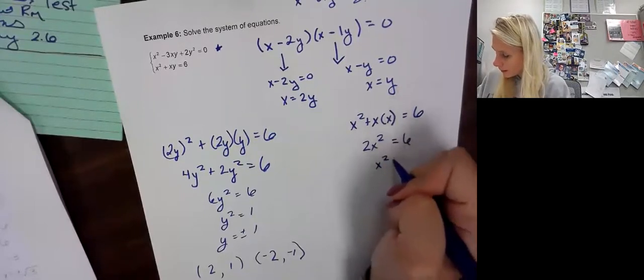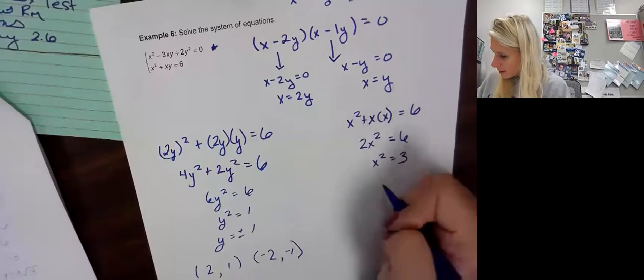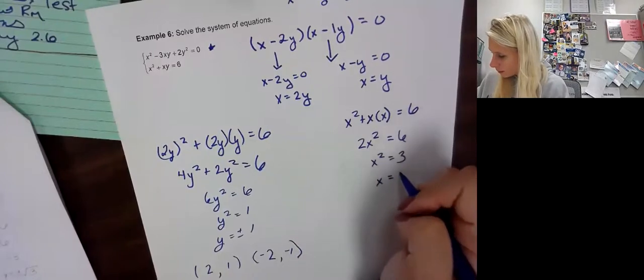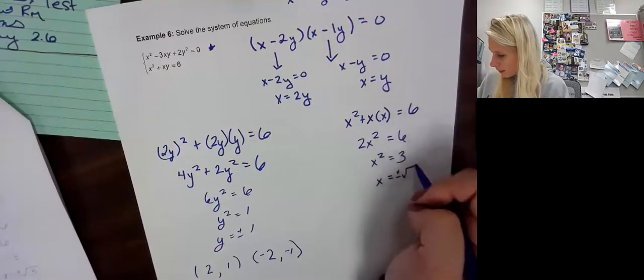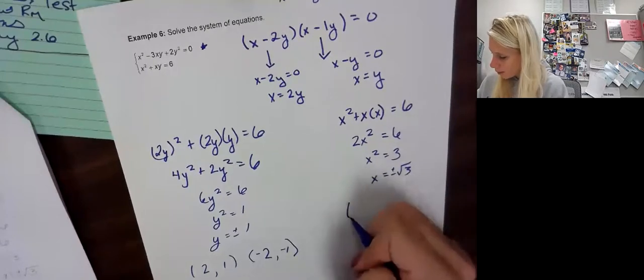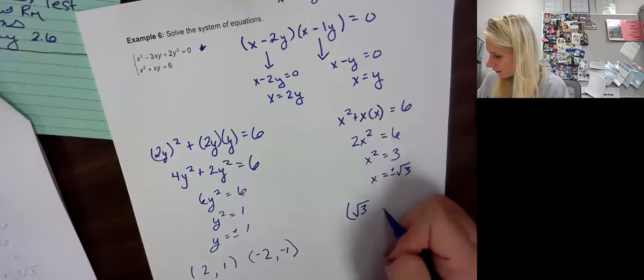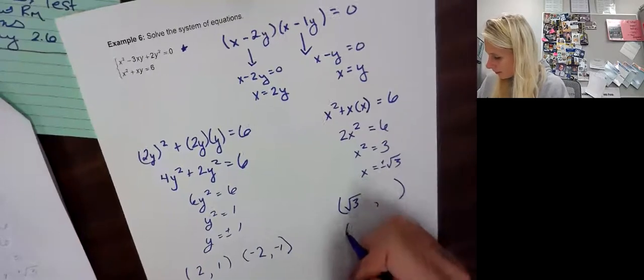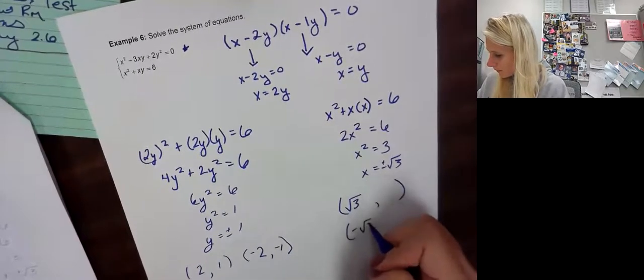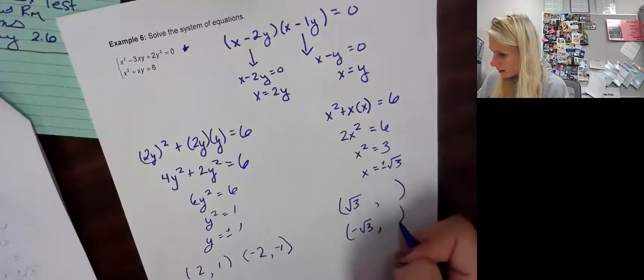X squared equals 3. So x equals plus or minus the square root of 3. So we have a point with square root of 3. And we have one with negative square root of 3.